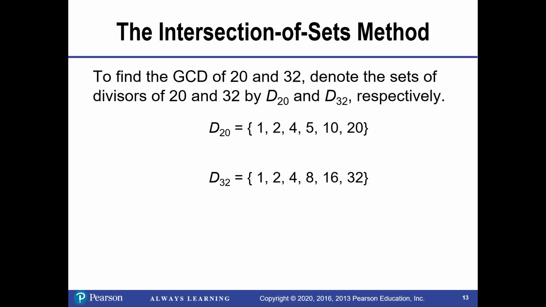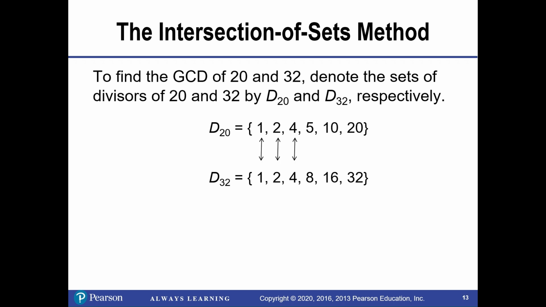So D20 consists of 1, 2, 4, 5, 10, and 20, because those are all of the divisors of 20. D32 consists of 1, 2, 4, 8, 16, and 32, because those are all of the divisors of 32. And so now I'm going to look for the intersection of these two sets, for all of the divisors that they have in common.